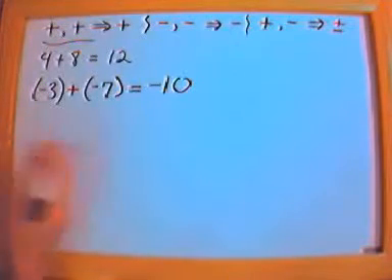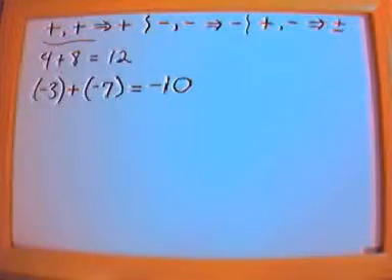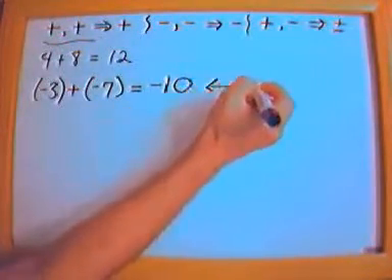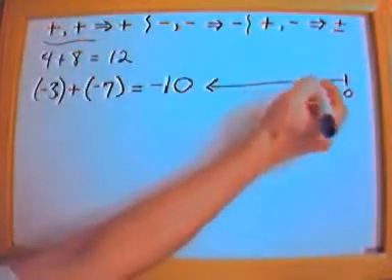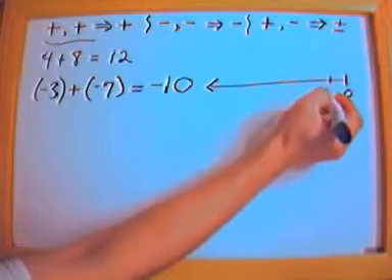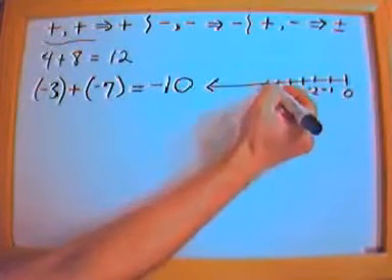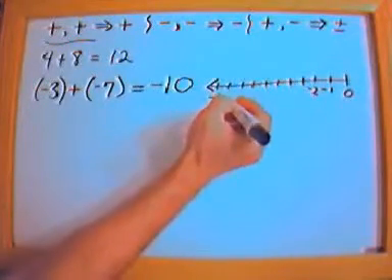There's a bunch of theory you can go into figuring out how to do all this and why it's this way, but in a nutshell, if this is your number line, like this, okay, and this is 0, and these are all negative numbers, you've got negative 1, negative 2, negative 3, negative 4, negative 5, negative 6, negative 7, negative 8, negative 9, negative 10. So this is negative 10 over here.